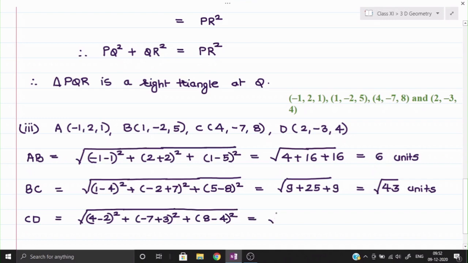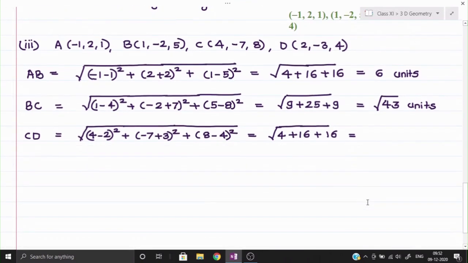Now let us simplify. 4 minus 2, that will become here 2 and square of 2 is 4. Similarly, 3 minus 7 is 4, square of 4 is 16, and 8 minus 4 is 4, square of 4 is again 16. This will be, you observe, 16 plus 16 and plus 4. Already we have written as 6 units. So now this can be written as 6 units over here. Okay, so third value we got over here.